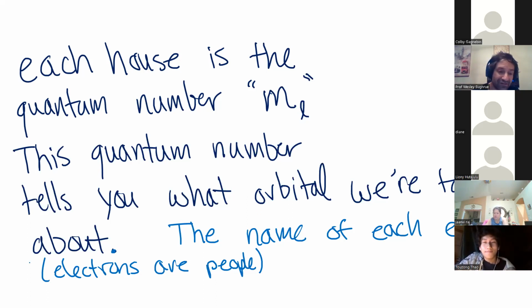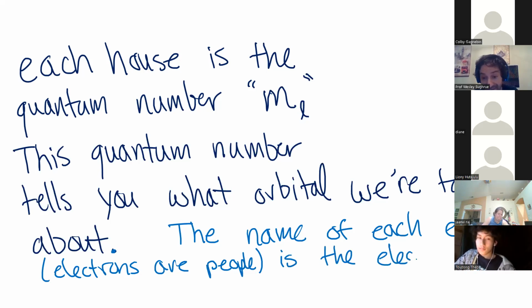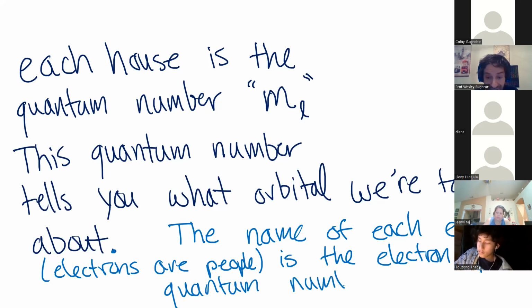So the name of each electron, electrons are people, is what we call the electron spin quantum number. That is represented by the symbol M subscript S, which actually makes the most sense. It's one of the very, very few symbols that make sense.